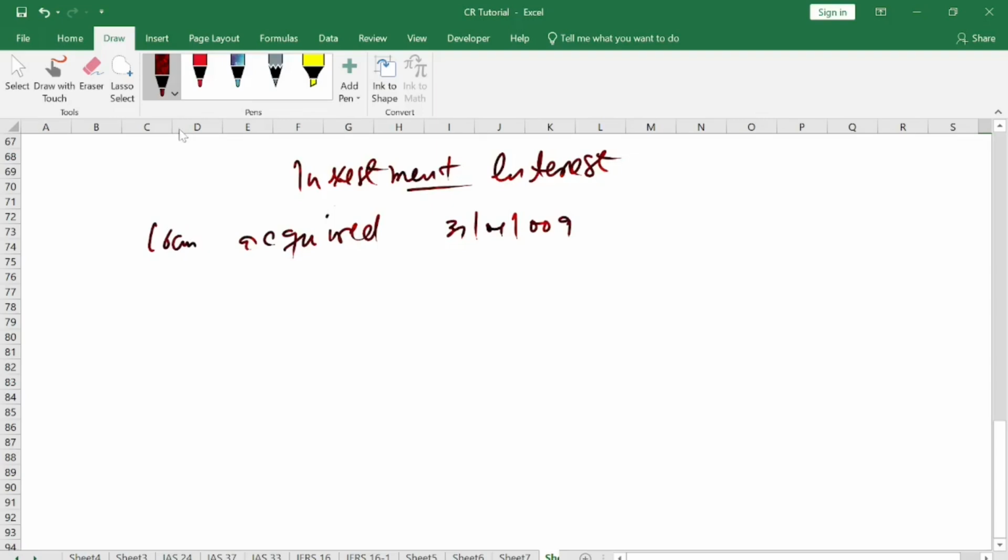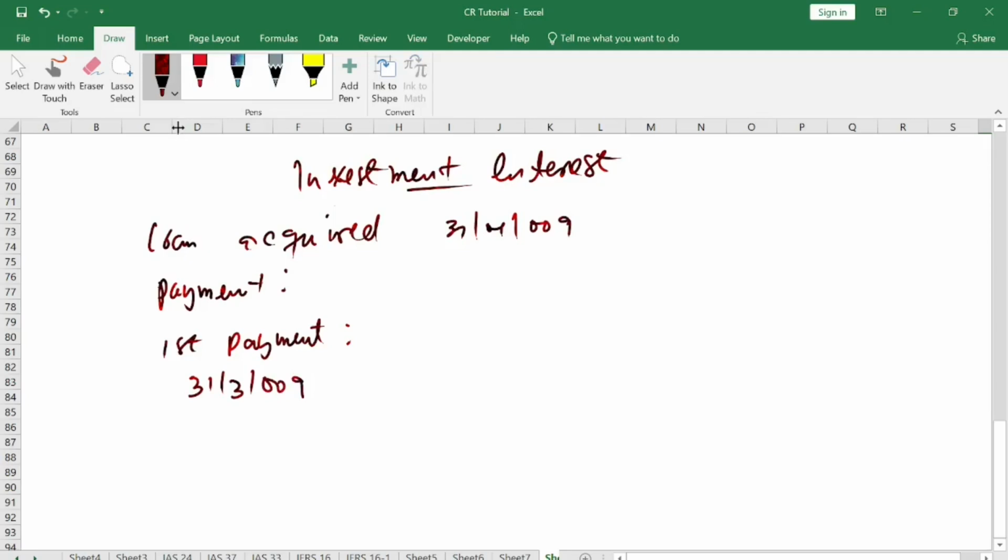The first payment of the loan was made on 31st March 2009.